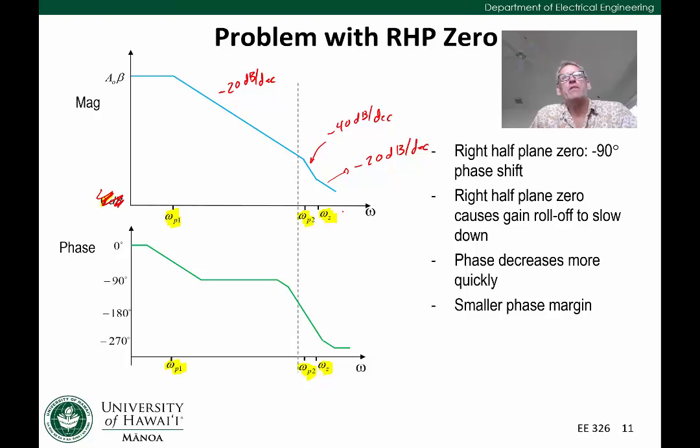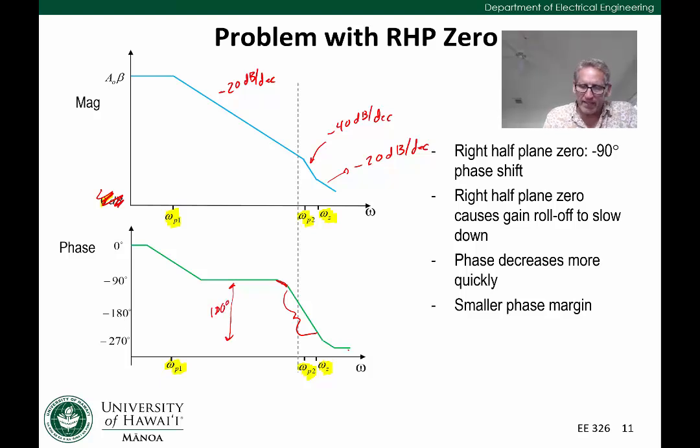Now, let's look at the phase response, okay? Remember, this zero is going to contribute a 90-degree phase shift. So we're going to start to see a phase shift in here from omega p2. Now in this middle section, we're going to get a contribution from omega p2 and omega z, both 90 degrees. And so now we're going to see a total phase shift in here of an extra 180 degrees, right?